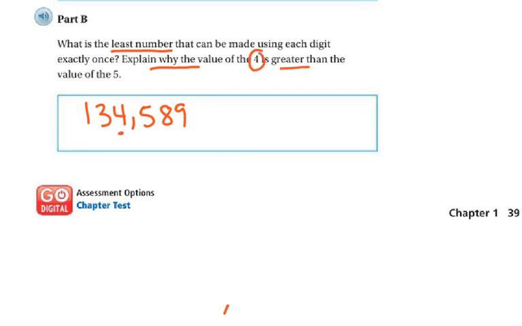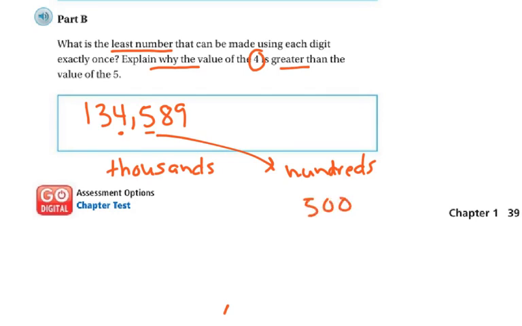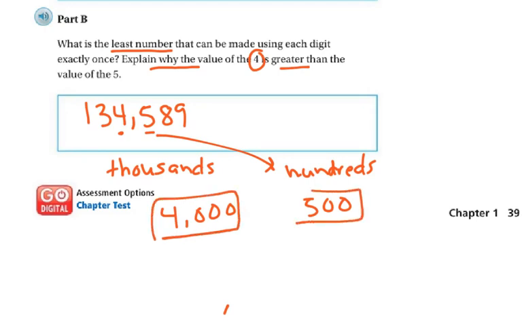So remember, it's 134,589. Well, that's because the 4 is in the thousands place value, and the 5 is only in the hundreds place value. So the 5 is only worth 500, and the 4 is worth 4,000. Even though 4 is normally smaller than 5, where they put it in the place value, this 4 is worth 4,000, and the 5 is worth 500.